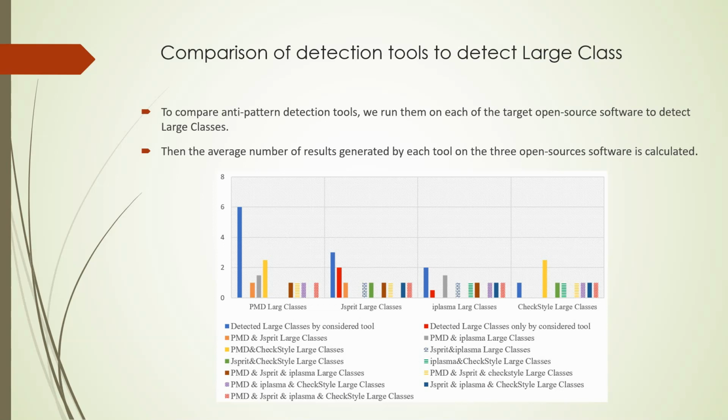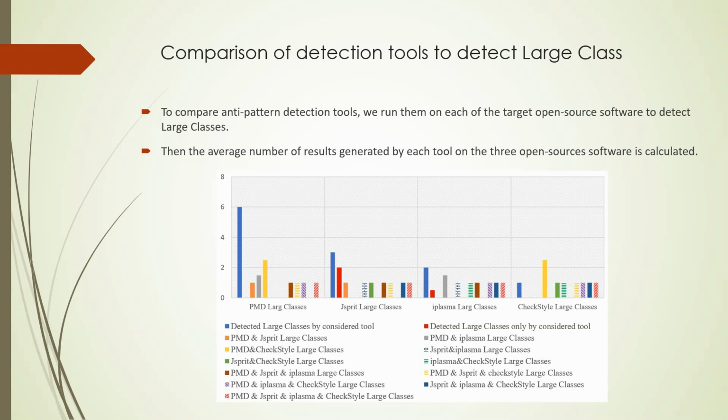To compare anti-pattern detection tools, we ran them on each of the target open source software to detect large classes. Then the average number of results generated by each tool on the three open source software is calculated.